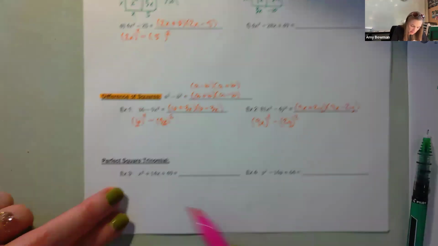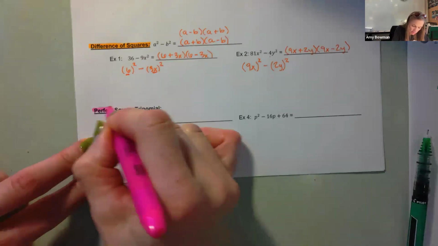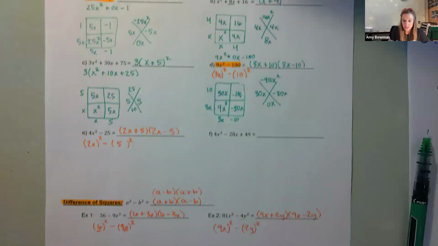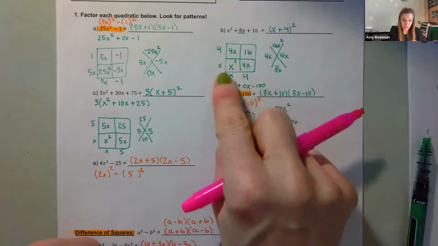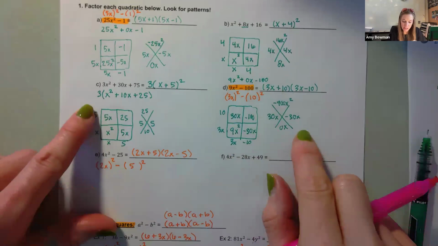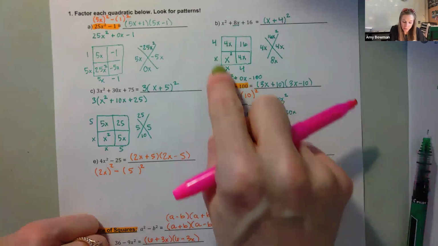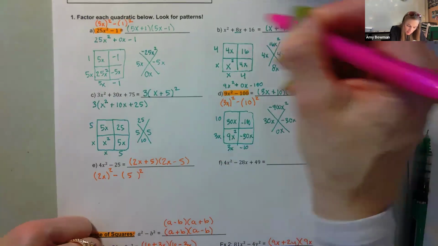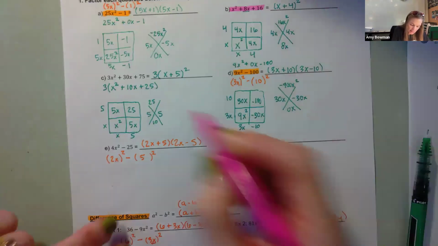Perfect square is the name of it because, as we saw in parts B and C, these both factored into perfect squares, x plus 4 squared. So that would be a perfect square. And then this one as well.